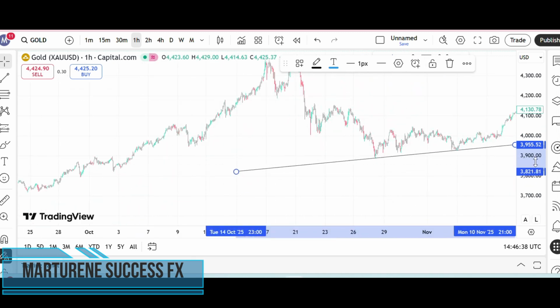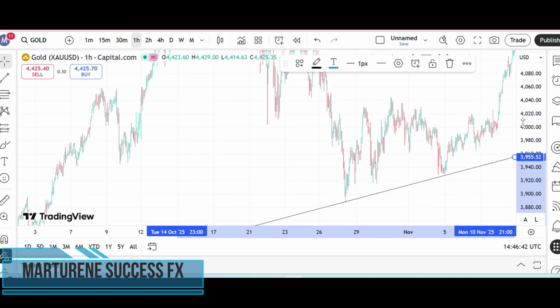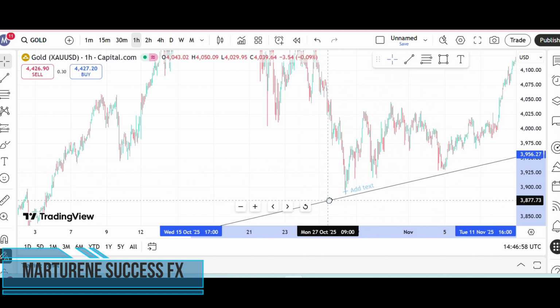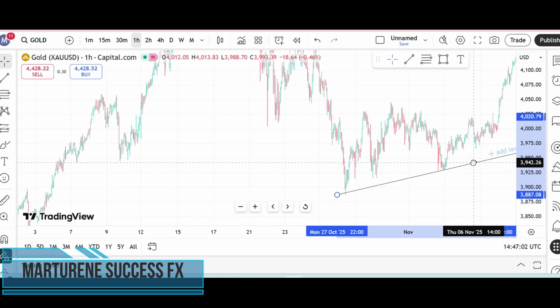Now you want to draw your trend line. This is where the market is, and you are able to spot these two lows here, this higher low. I told you the first thing is that you join the 2 points.